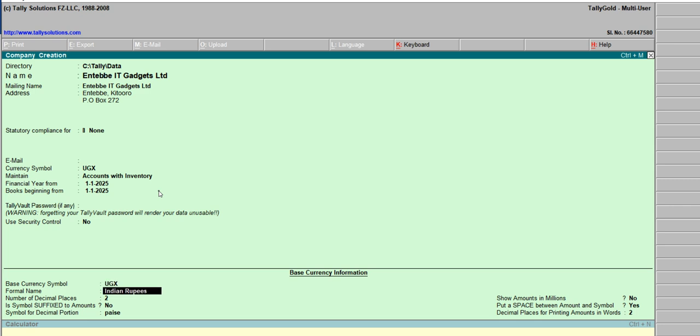The base currency symbol is UDX, common name for Uganda shillings. Normally, you will be given the company details and the base currency information. So you type them based on the information that has been given to you. Number of decimal places, enter, accept.